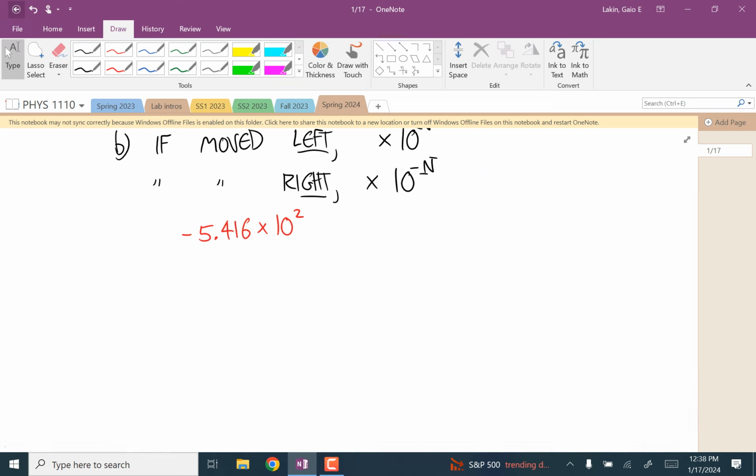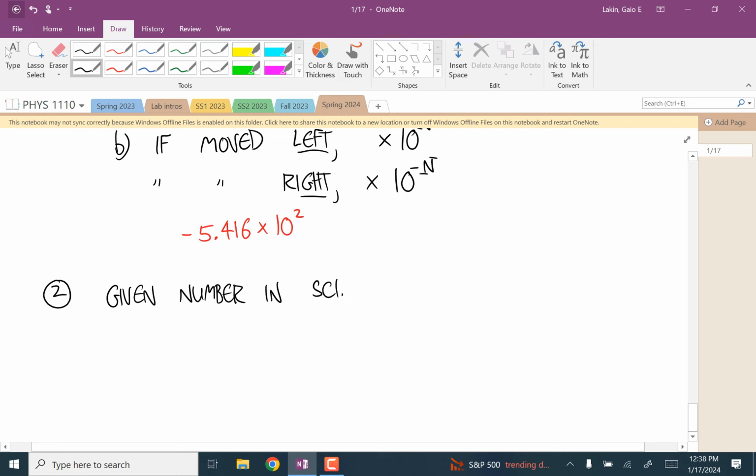The second thing you have to be able to do is start in scientific notation and express the number in standard notation. So given a number in scientific notation, express it in standard notation.